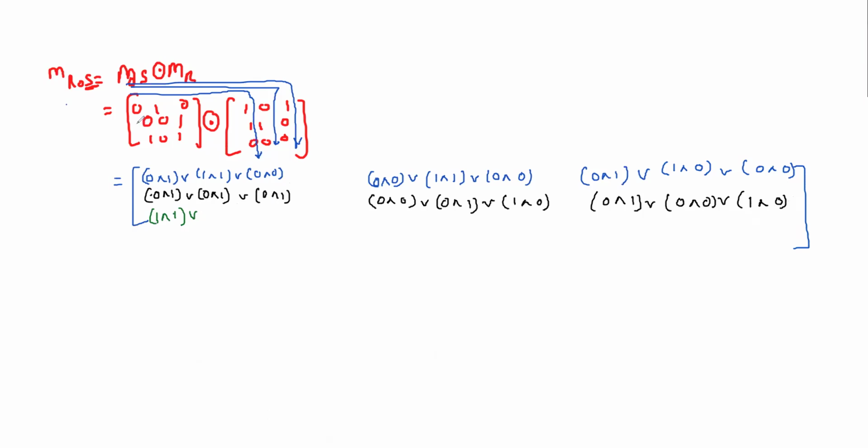Where? Second row, first column. Okay. 0 0 1, 0 1 1 0, right? Oh, yes. Right? Correct. One.